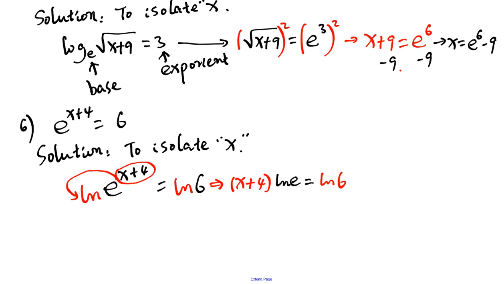And this value is actually 1. Why is it 1? Again, natural log can be written as log base e of e. As long as those two numbers are the same, you get 1. For example, log base 2 of 2 is 1.